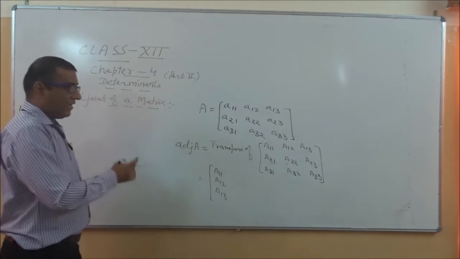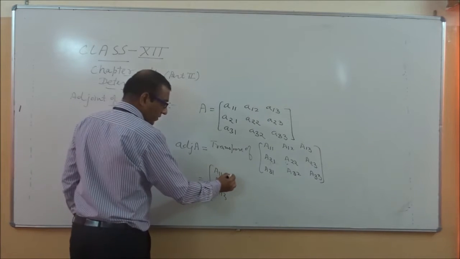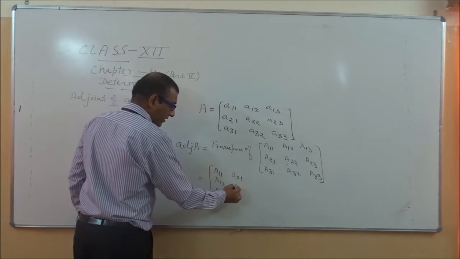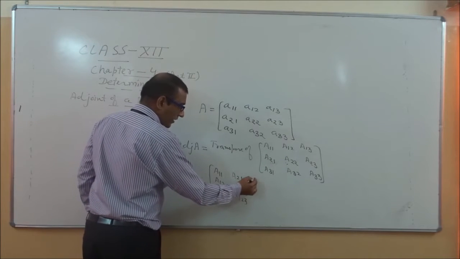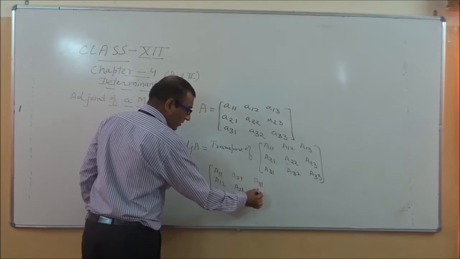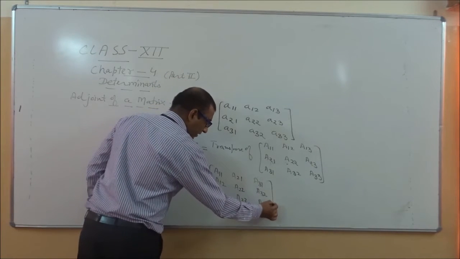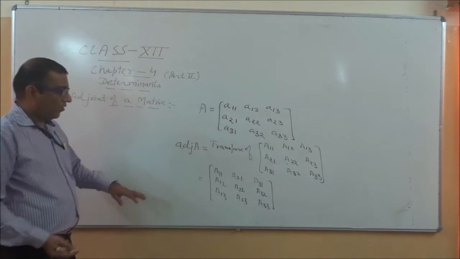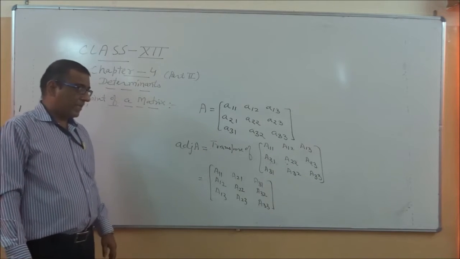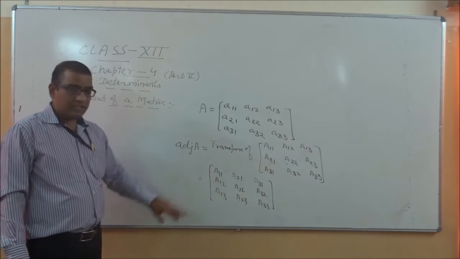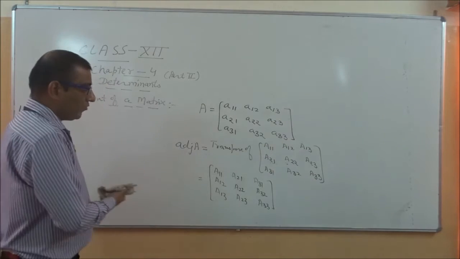As we know very well, transpose means rows will convert into columns. So it can be written as A22, A23, A31, A32, A33. So this is the meaning of adjoint A for a given matrix capital A, where the entries are cofactors. So this is for 3 into 3.